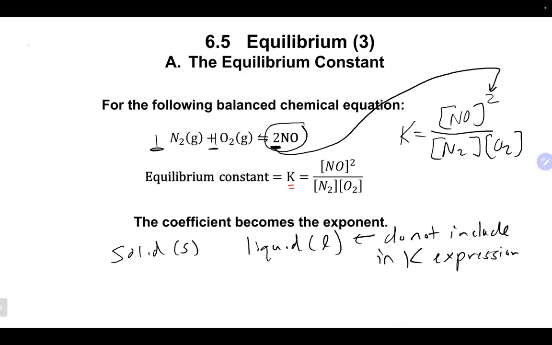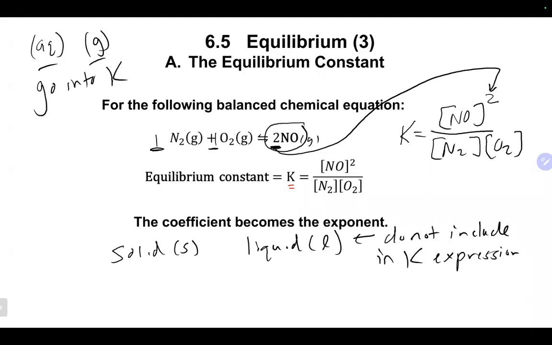Those 2 things are things that are aqueous and things that are gases. So anything with an aqueous or a gas, those go into the equilibrium constant. Anything that is solid and liquid, we don't include. All these guys are gases, really.